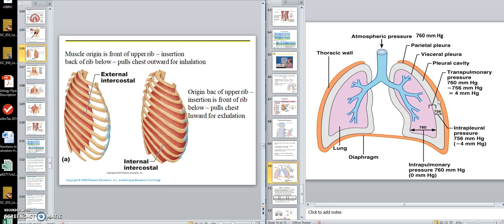The technical name for that is a pneumothorax. You can look this up. But some will call it a sucking chest wound.